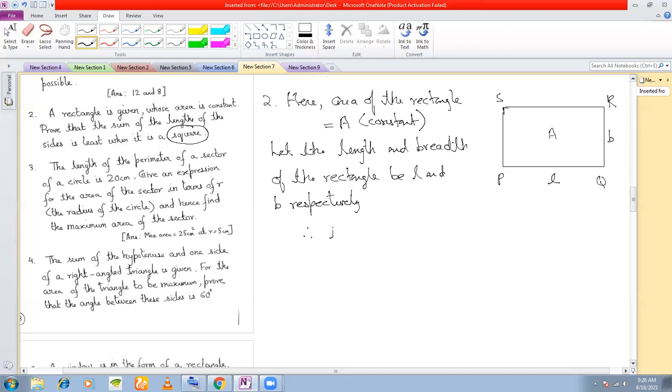So therefore, L into B must be equal to A, right? Let's call this 1. Now this 1 is a very useful relation which we shall be using later on.